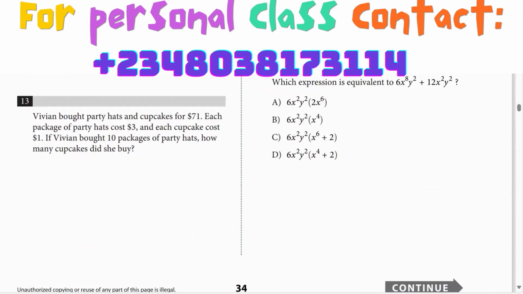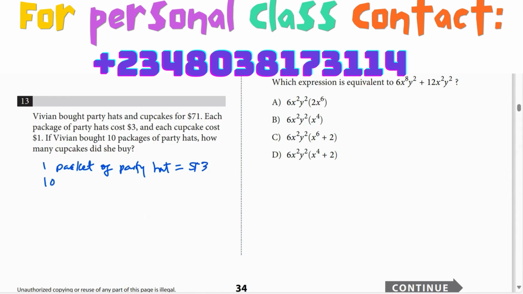Here, Vivian bought party hats and cupcakes for $71. Each package of party hats costs $3 and each cupcake costs $1. If Vivian bought 10 packets of party hats, how many cupcakes did she buy? So 10 packets, one packet of party hats equals $3.